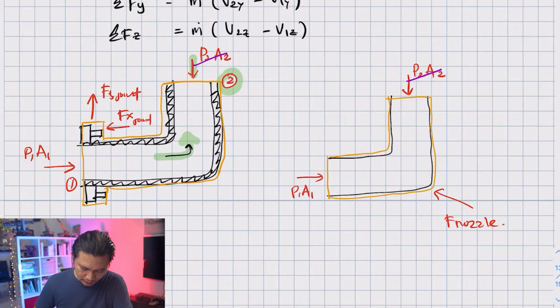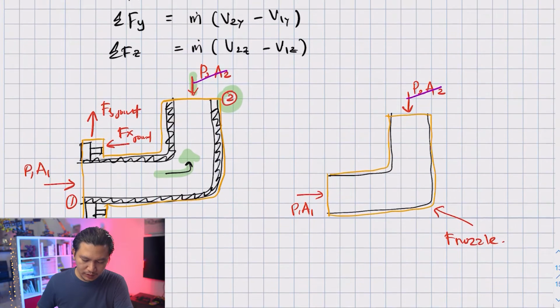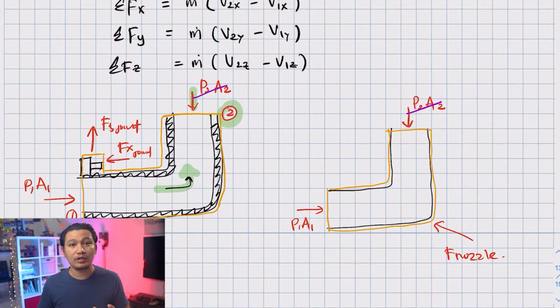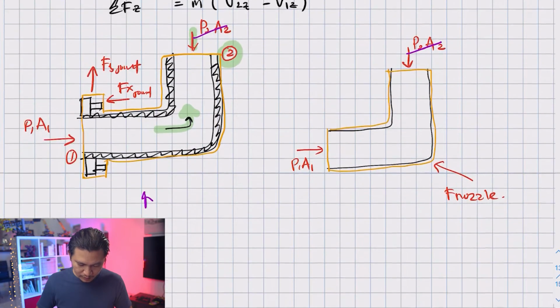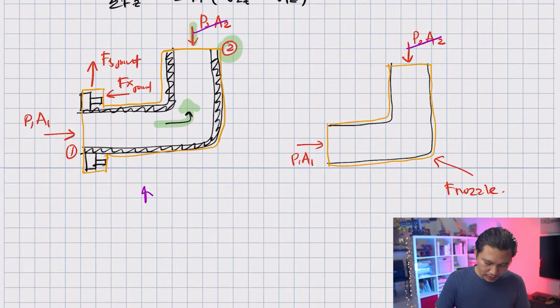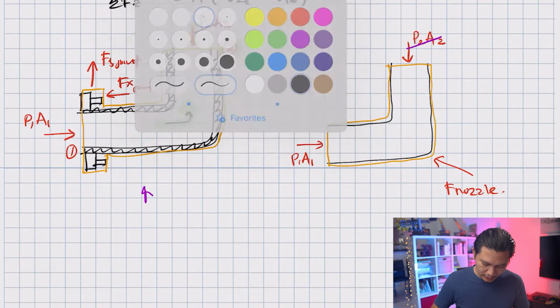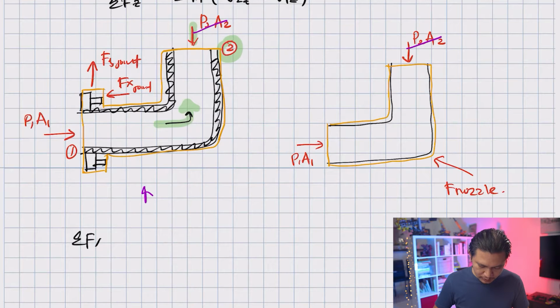Okay, so taking this example, I'm going to write the equation and look for the force in the x direction. So I'm going to be using this equation: Fx equals m dot times (v2x minus v1x). So let's see what happens here. In my x direction, the summation of force in the x direction: first, I have P1A1.